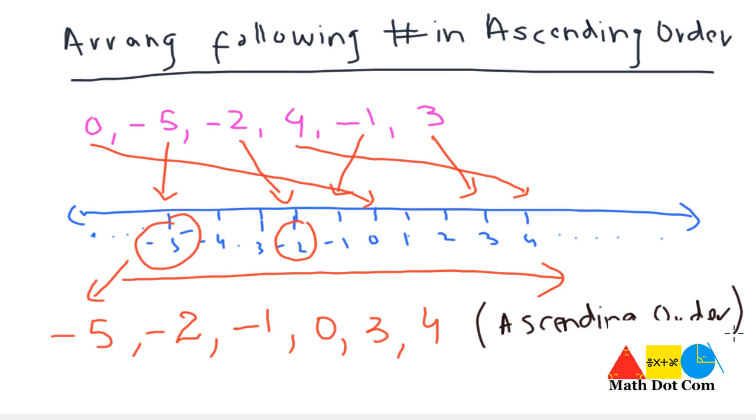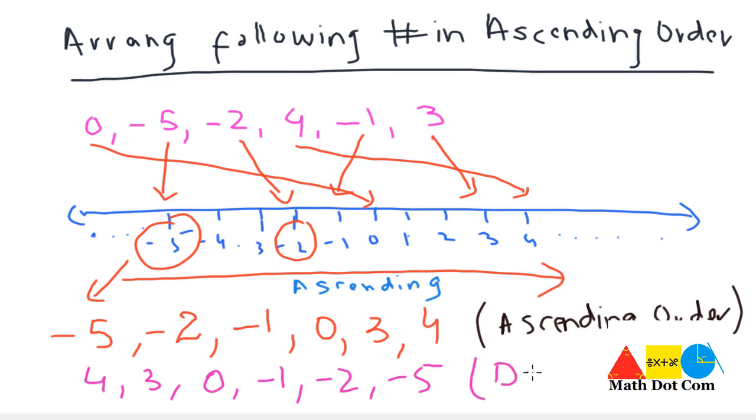Now let's arrange it in descending order. In descending order, we have to move from right to left. It means the largest number first and then the smallest. Just reverse this as 4, 3, 0, -1, -2 and -5.